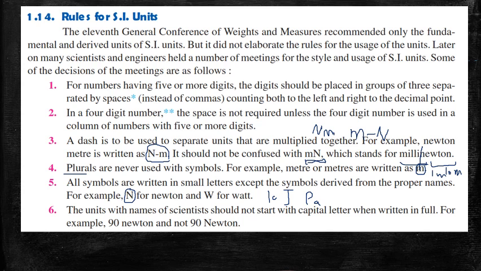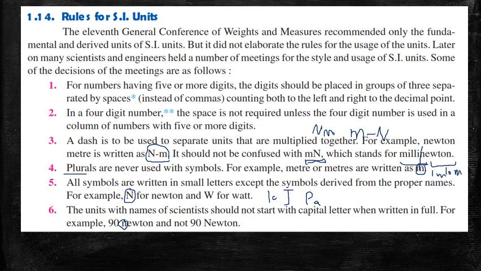But if we write the whole unit, like newtons, 90 newtons, in this case we would write it in a small letter, 90 newtons, not 90 Newtons with a capital letter.